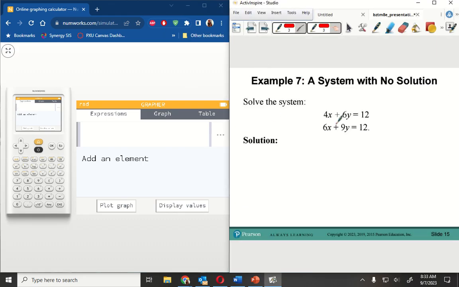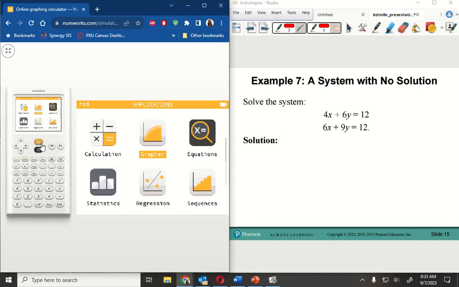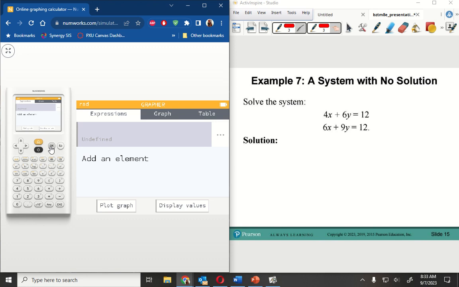Go to Grapher, and click OK. There you go. So 4x plus 6y. To get to the y, it's alpha 3, equals is shift pi, 12. Hit OK. Add my second line.